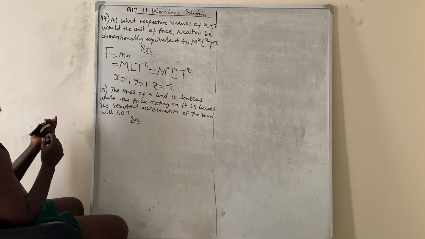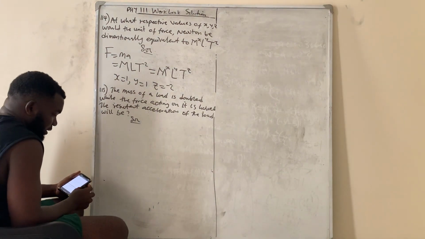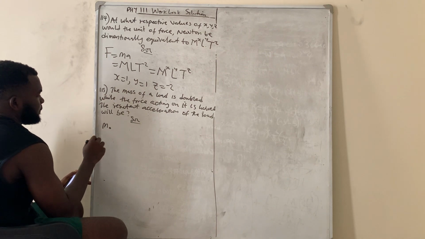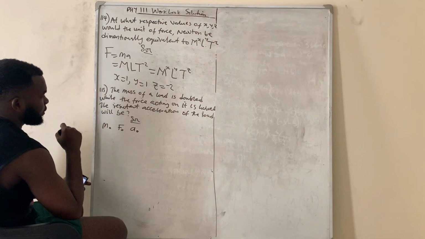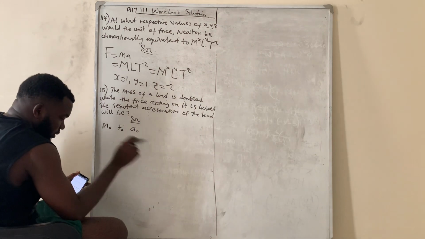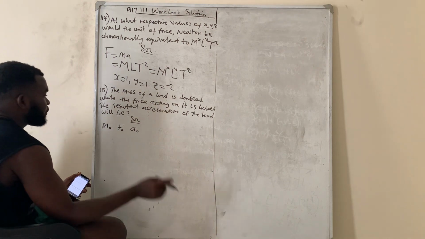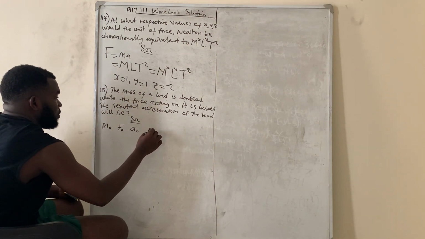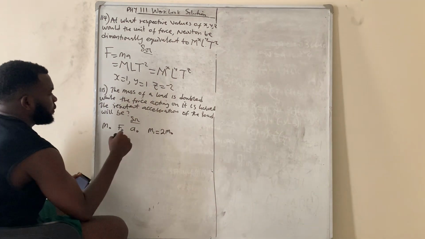Okay, solution. Now what do we do? First of all, let the initial mass be m0, the initial force be F0, and the initial acceleration be a0. The new mass, m1, is double that of m0.